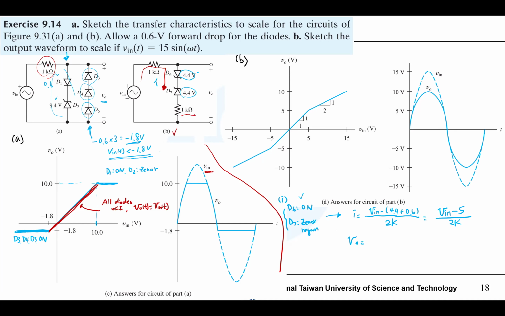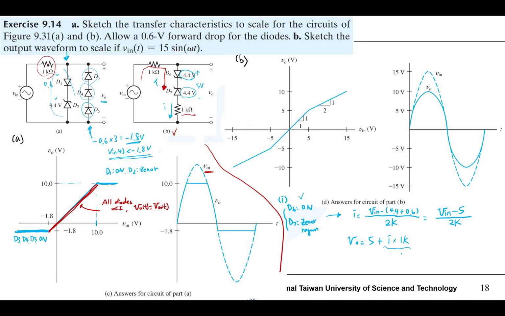So under this condition, VO will be 5, because this is 5 volts in total, plus the current I times 1K, plus I times 1K ohm.